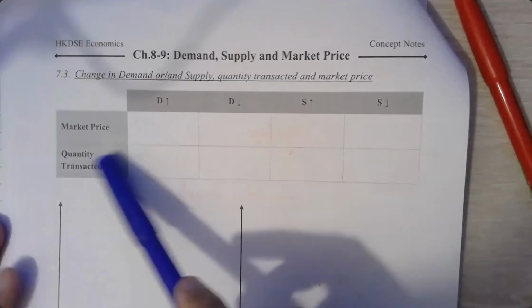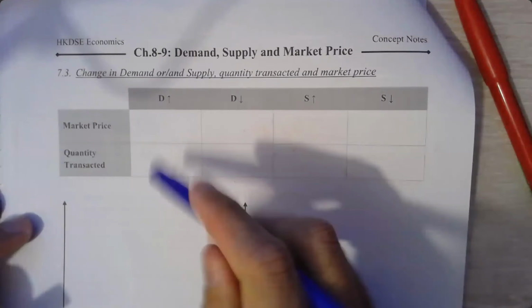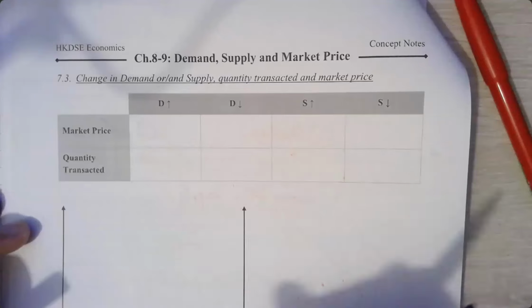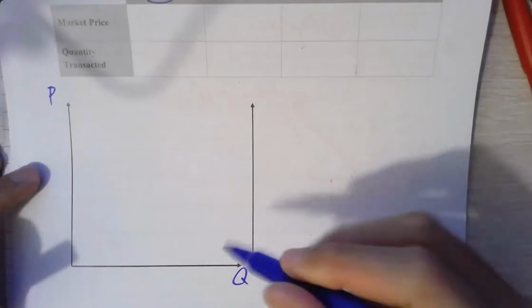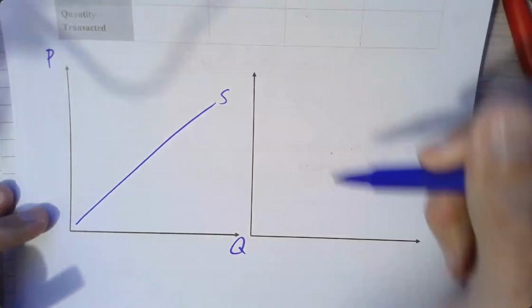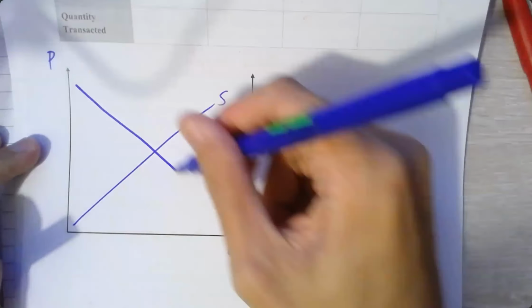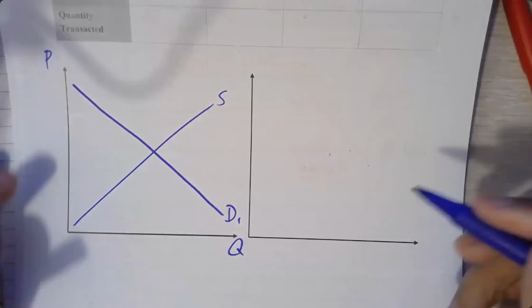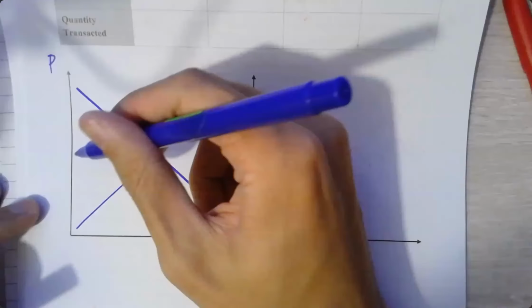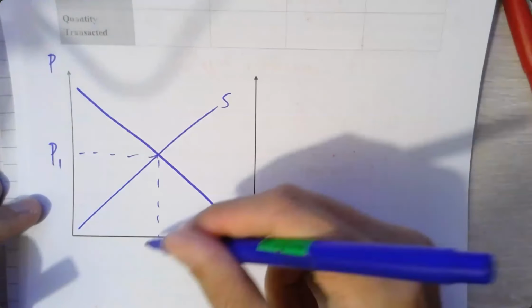Now here, when demand increases or decreases, actually, let's focus on demand increase. It's much easier to just look at the situation with a graph. We have our supply, then let's call this demand one. 我哋第一個 demand 啦。Under demand one and supply, we have P1, Q1.